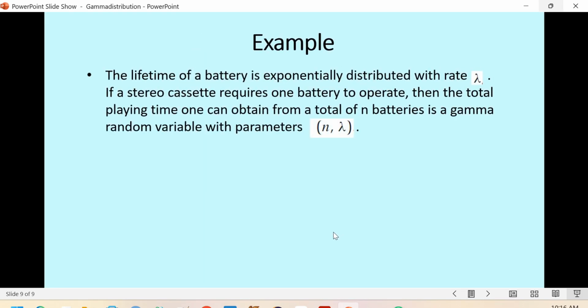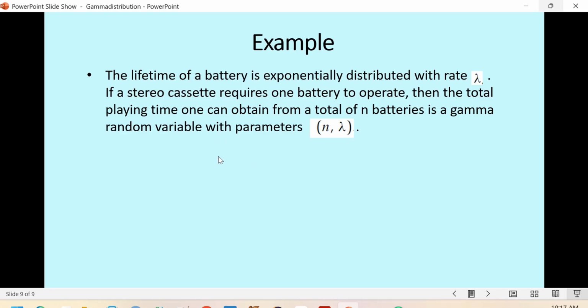An example of this theory: if the lifetime of a battery is exponentially distributed with rate lambda, and a stereo cassette requires one battery to operate, then the total playing time one can obtain from a total of n batteries is a gamma random variable with parameters n and lambda.